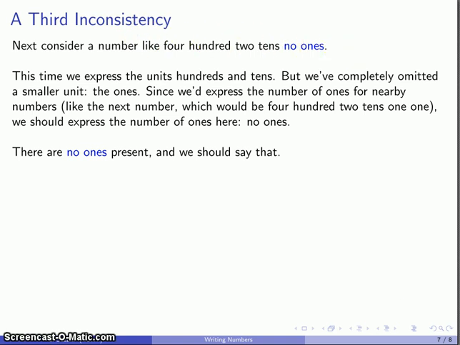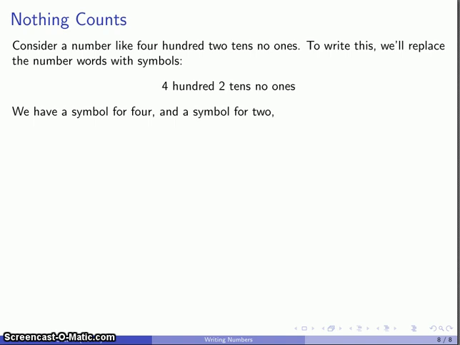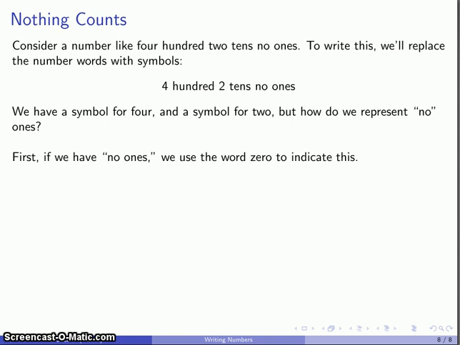Now, how would we write a number like this? As before, we replace our number words with symbols. For our number 4 hundreds, 2 tens, no ones, I replace 4 with the symbol for 4, and 2 with the symbol for 2. Then I need a symbol to indicate that we have no ones. First, we need a number name for that, so if we have no ones, we use our word 0.